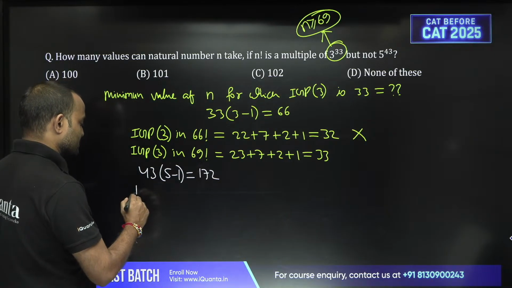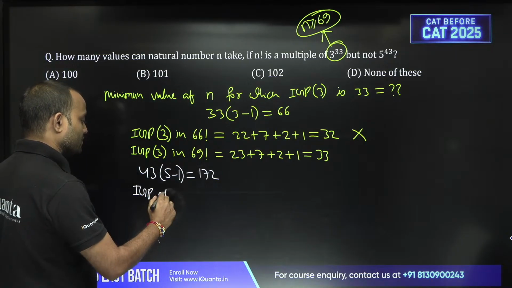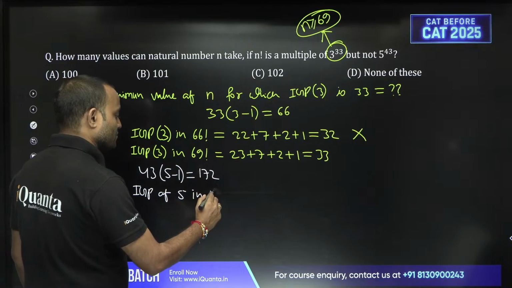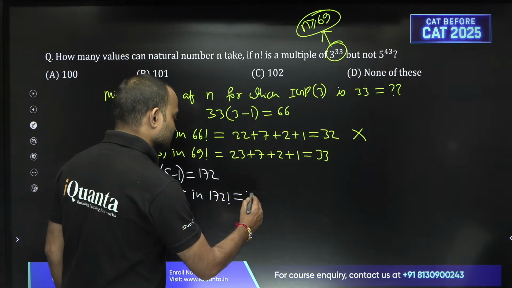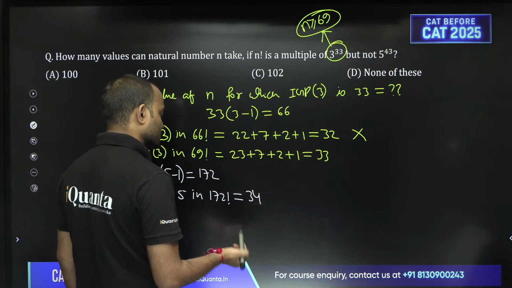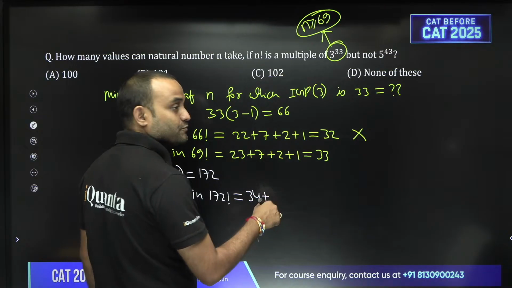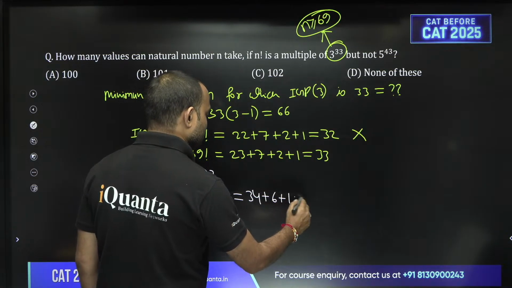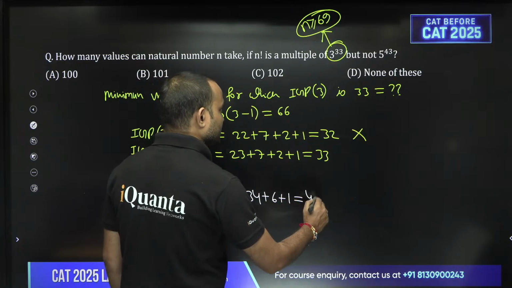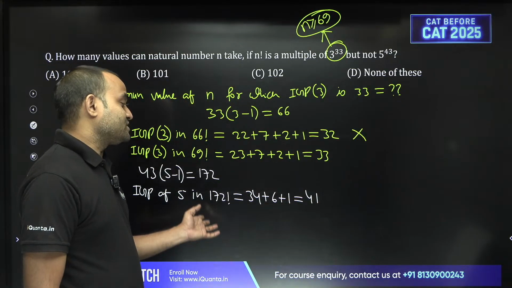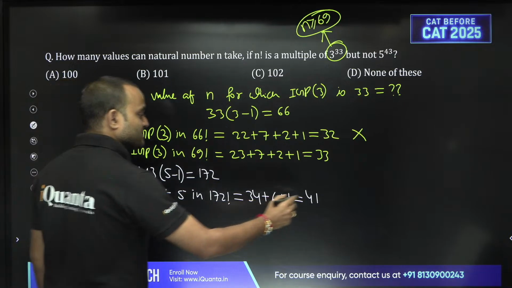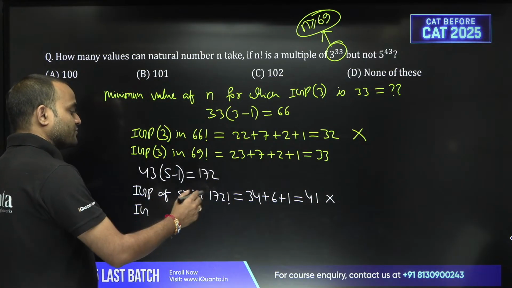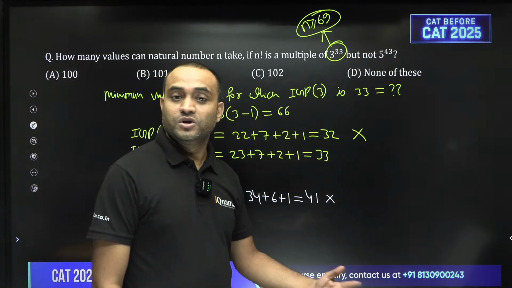So, let us check IGP of 5 in 172 factorial. 172 by 5 is 34, 34 by 5 is 6 plus 1, which is equal to 41. So, we will have to check the next multiple of 5, because this value is not valid. If you take n equal to 172, you do not get it.